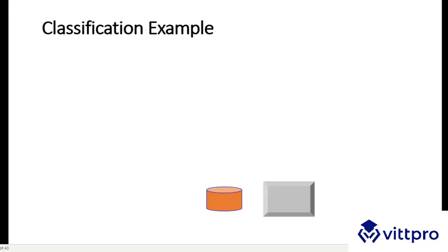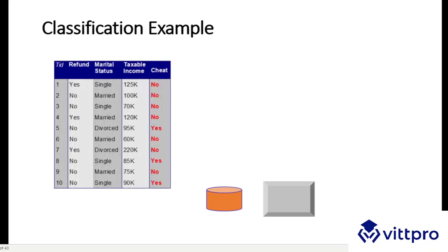An example of classification is whether somebody is going to default on a credit card or not. That is a classification problem. Based on certain attributes, you try to identify whether they will default or not default.